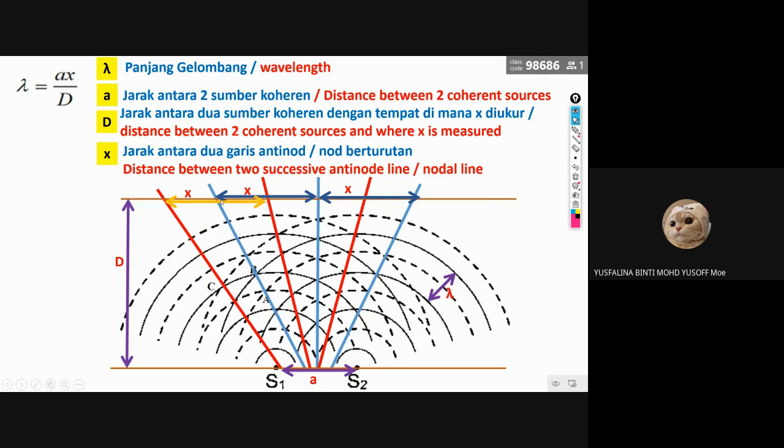Or let's say if you take for constructive interference. So this is the constructive interference, from here to here, to another one. Two successive destructive interferences, from here to here, we call it another x. This one also is actually x.